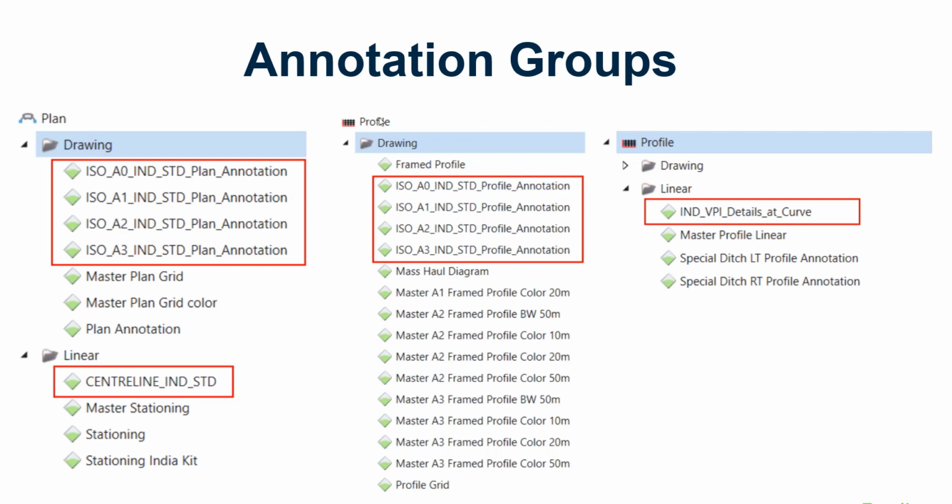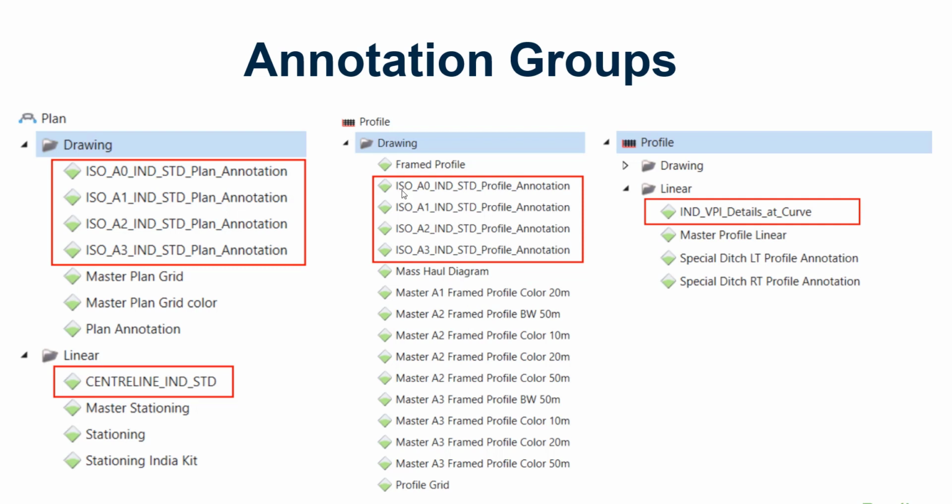If we talk about the profile drawing annotation groups, these annotation groups are different for different sheet sizes in order to make the best fit and the best appearance, with different offsets, top and bottom clearances, font sizes, and text styles.